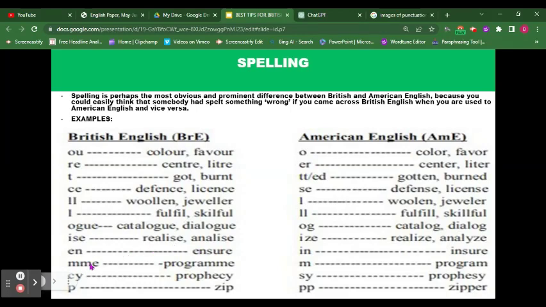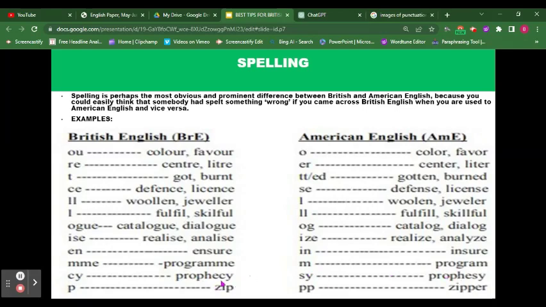In British English, you have double M in program, but single M in the same program in American English. Where you have CY in British English, as you have in prophecy, you have SY in American English, as you have in prophecy.